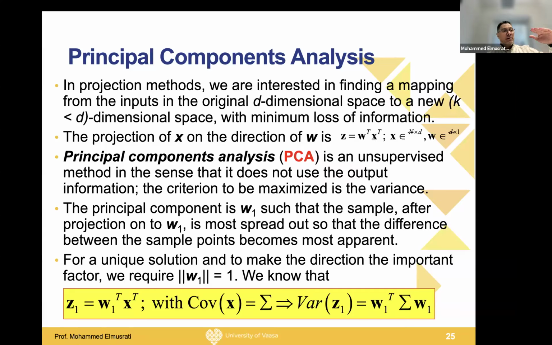I have n entries, whether patients or engines, whatever n is, the entries. And then D is the dimensions. So X consists of n rows and D columns. D is the dimension, or the number of features, the number of attributes.